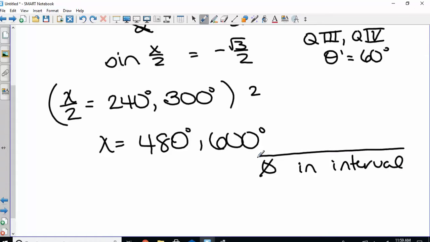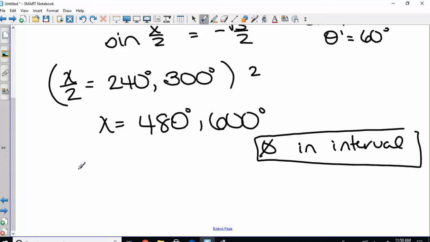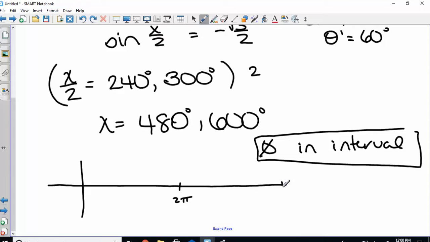I only asked for the answers between 0 and 360. Now this doesn't mean there's no solution at all. It just doesn't happen where I was looking. You know, if you were to graph this, so this was a sine. Okay, this is what the graph of sine of x over 2 looks like.